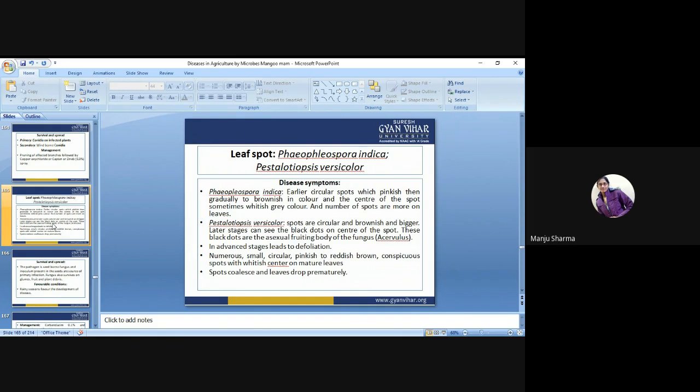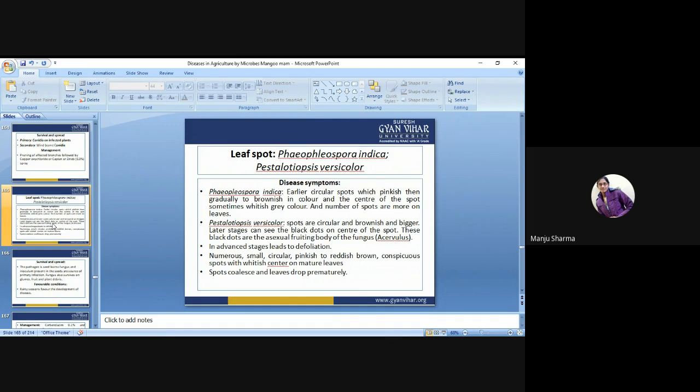Then Pestalotiopsis versicolor: spots are circular, brownish and bigger. In later stages you can see black dots at the center of the spot.